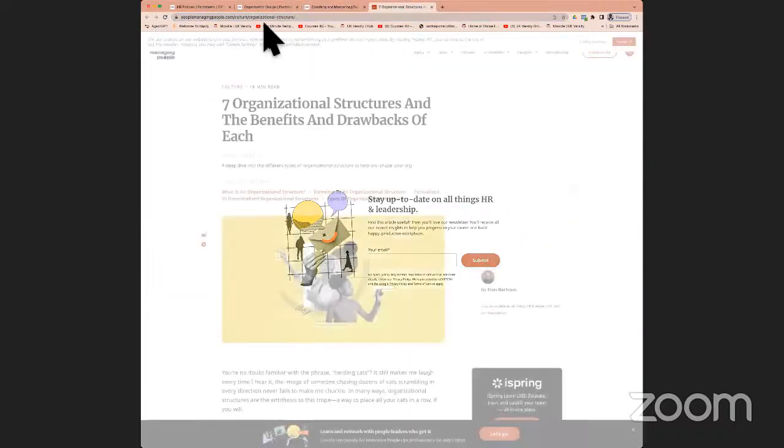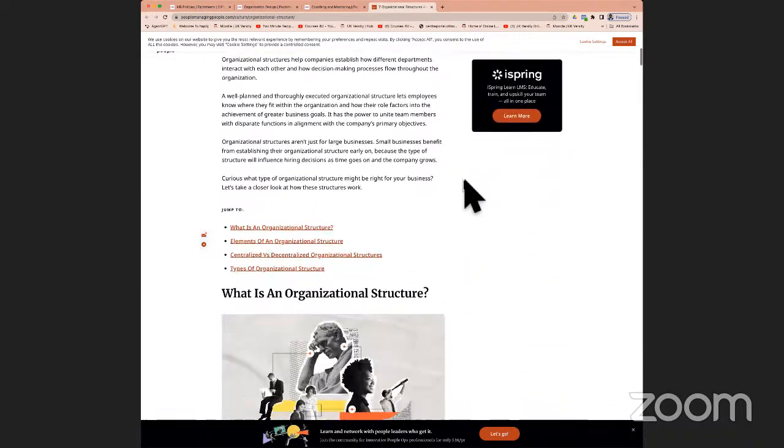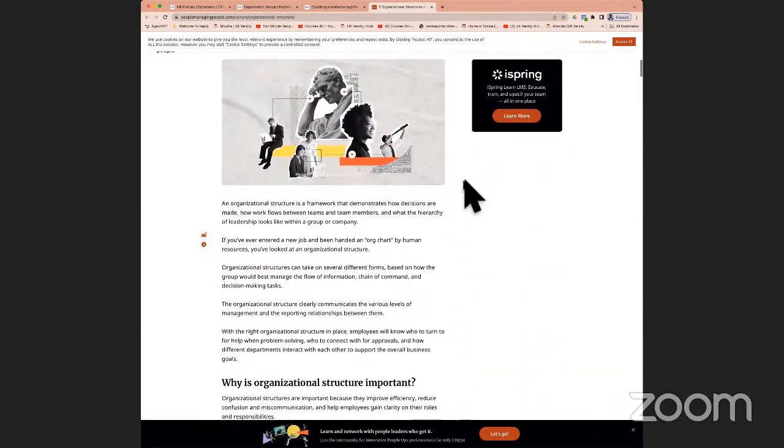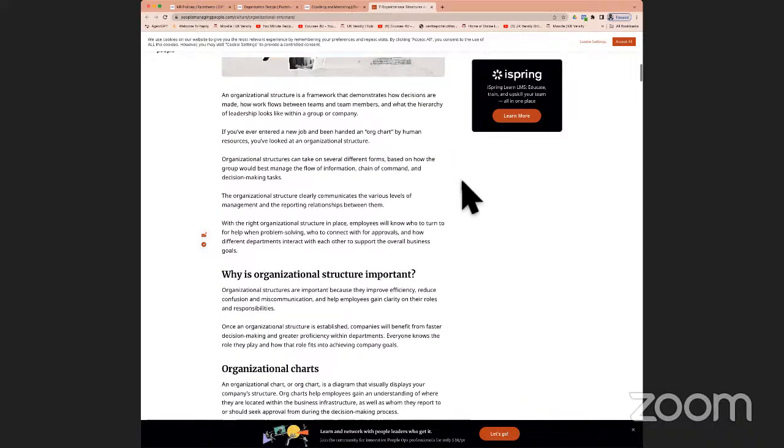One last article which I put together is on organizational structure and the benefits of each. There are different types of organizational structures. Sometimes HR plays a role in picking a particular type of structure because of the nature of the products and services or the type of organization that you work in, and these structures can help in producing a conducive culture within the organization.